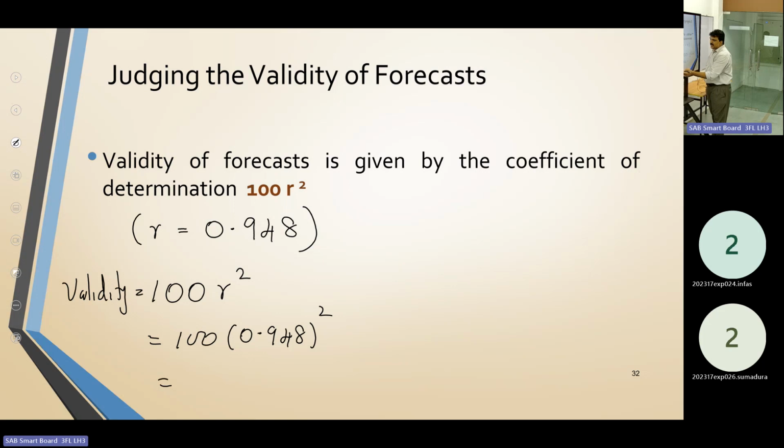You can evaluate this up to 1 decimal place, giving 89.9%. So we are almost 90% sure of the forecast. That means there is a 10% chance that we may go wrong.